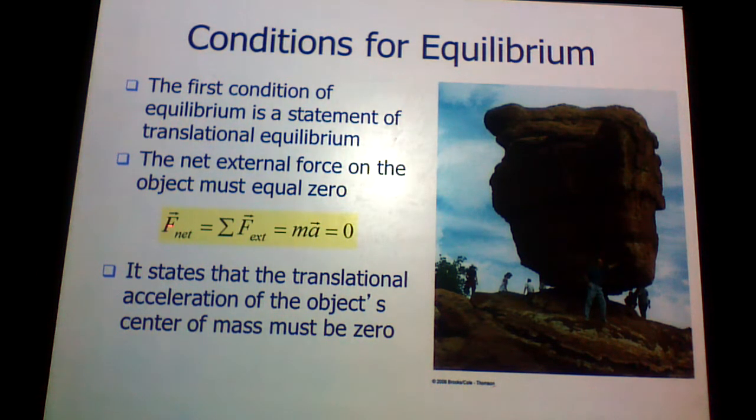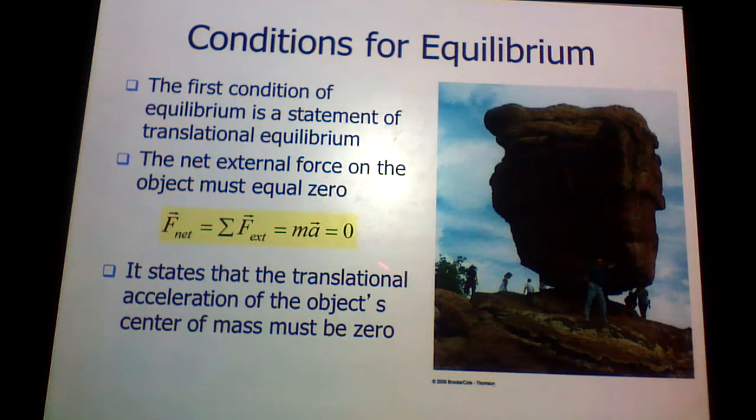My F net is equal to the sum of all of the external forces. I may not have just one force acting on an object; I may have several forces. So I take the sum of all of those forces acting externally on this object. If I add those up and set that equal to mass times the acceleration of the object, it should give me 0.